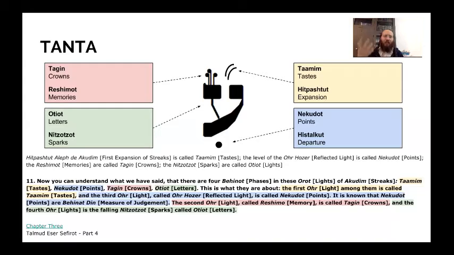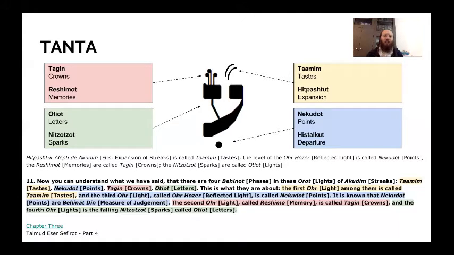There are multiple mating by strikings, but each time the screen gets purified from the beating of the direct light, the inner light, and the surrounding light. As the light goes out, that is called a departure, and that whole process is called Nekudot, points. We'll go over the different points today.